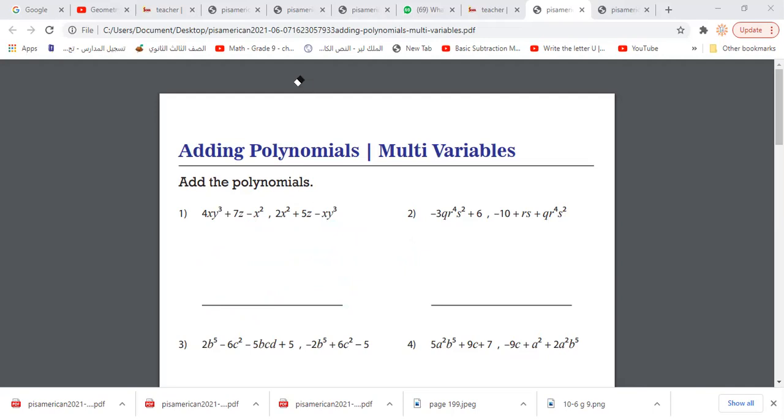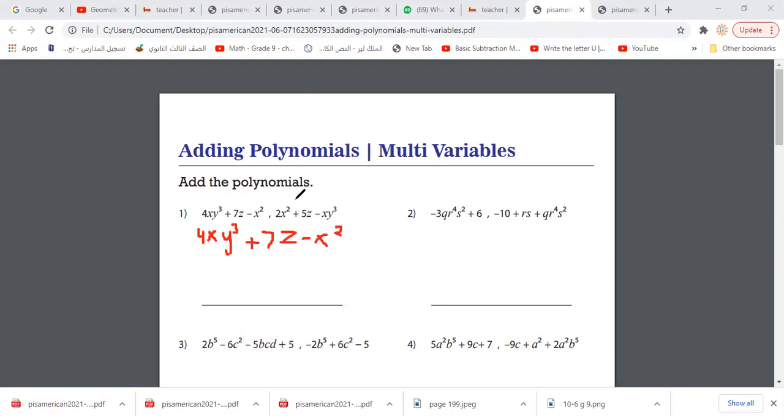You will put the first expression, which is 4xy to the power of 3 plus 7z minus x squared.